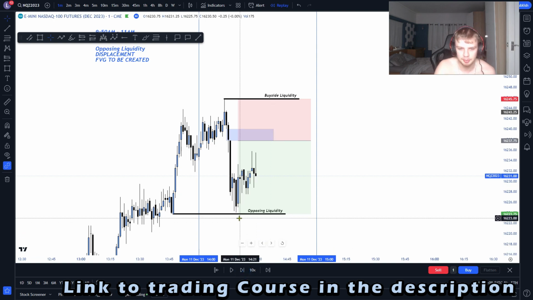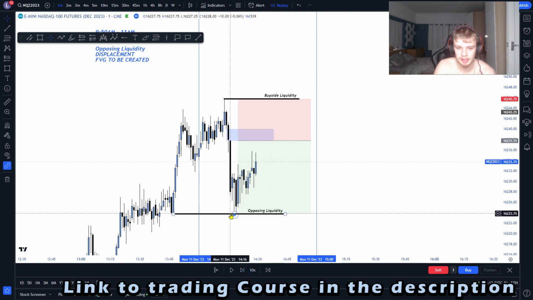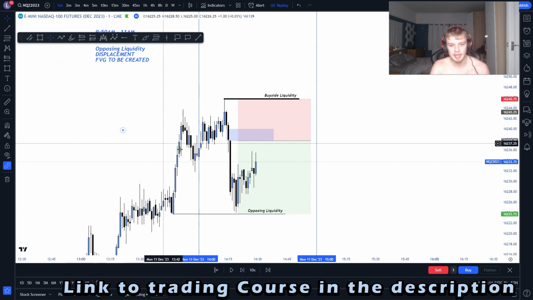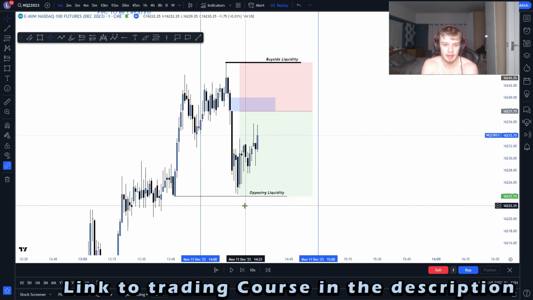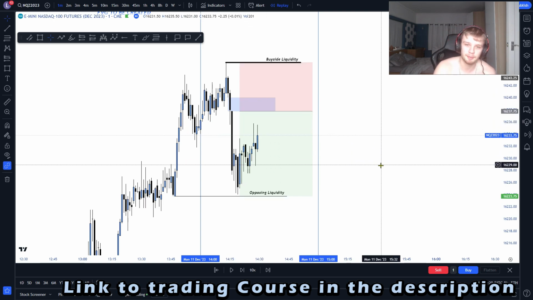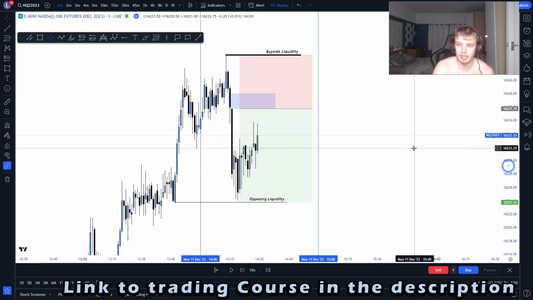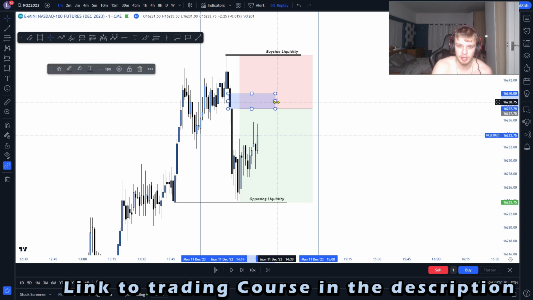As you can see, price comes very, very close to taking our liquidity targets. If this did take out liquidity, then me personally, I would not enter into this trade anymore.